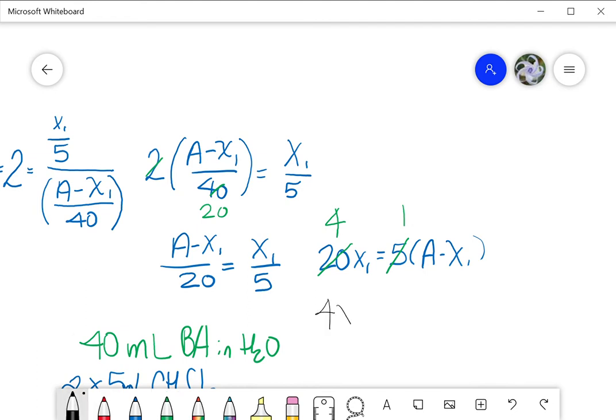So we have 4x1 equals A minus x1. And we'll take the x1 to the other side, and we'll get 5x1 equals A. And so let's simplify that.